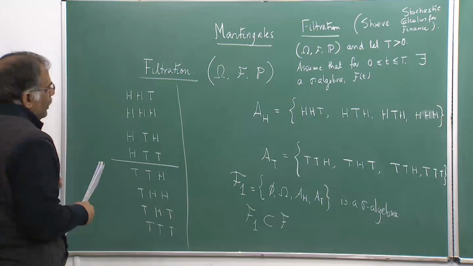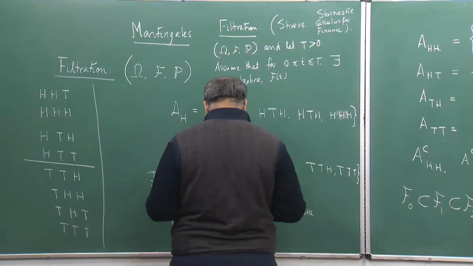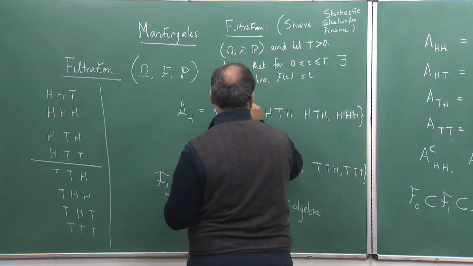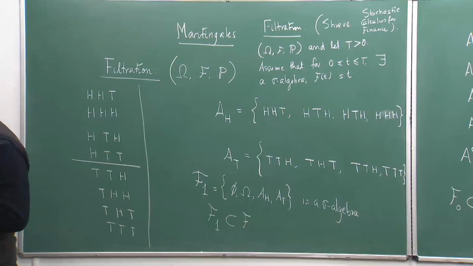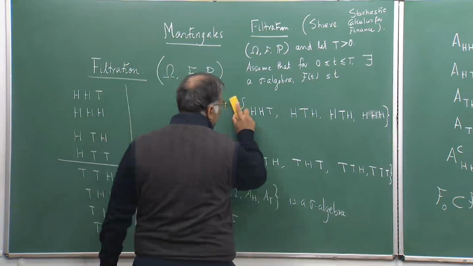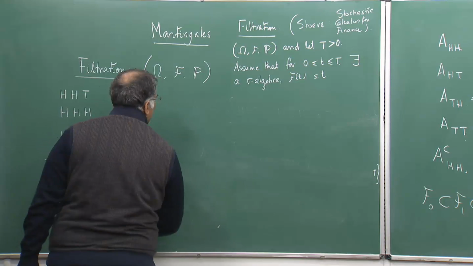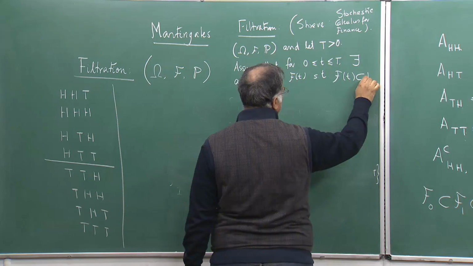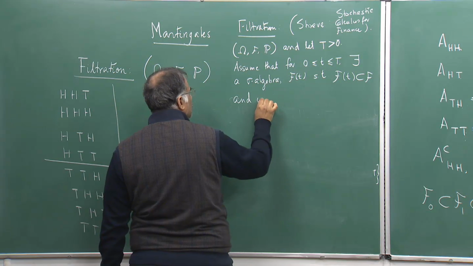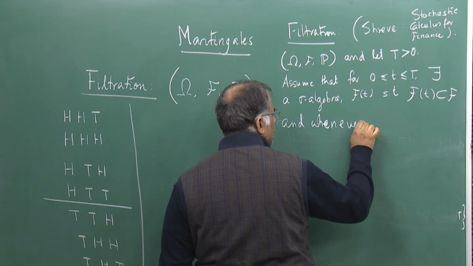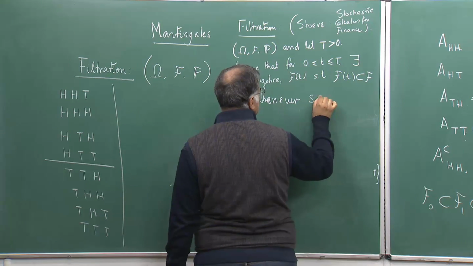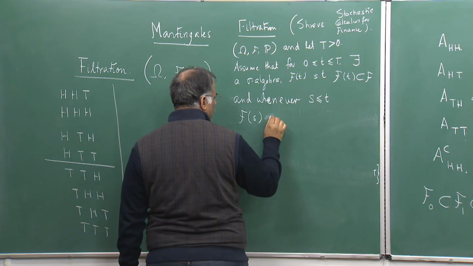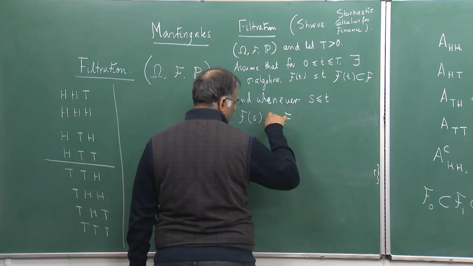So there exists a sigma algebra Ft such that whenever I have s less than or equal to t, F of s must be contained in Ft, such that Ft is contained in F, and whenever s is less than or equal to t, F of s will be contained in F of t.